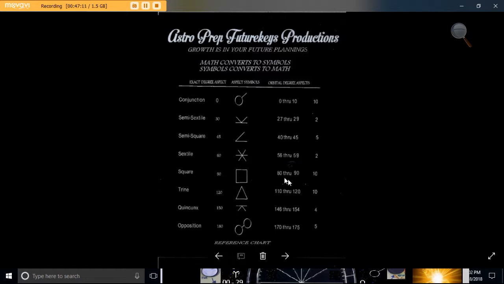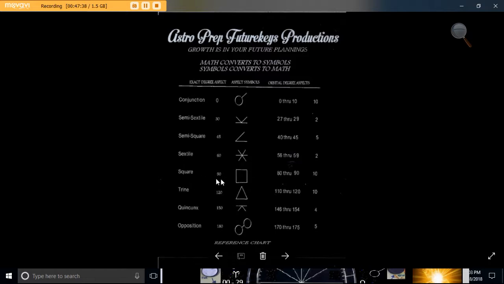A 90 degree. Okay, this is a 45 degree, this is a 30 degree, 0 degrees. If you could see, it's still within 360 degrees, right? But in aspects, you can't go beyond 180 degrees. You can't go beyond that first circle of pi. Okay, so now we're discussing the square.